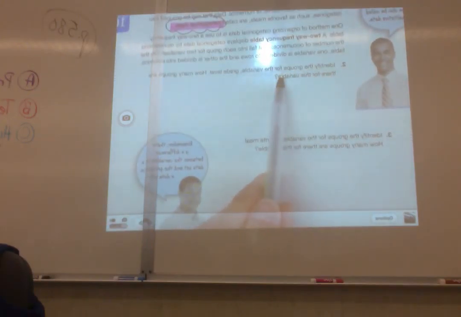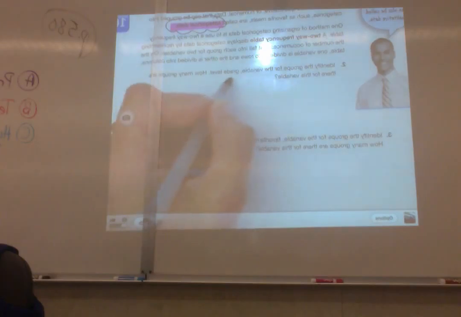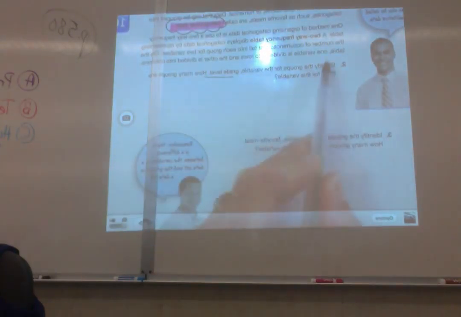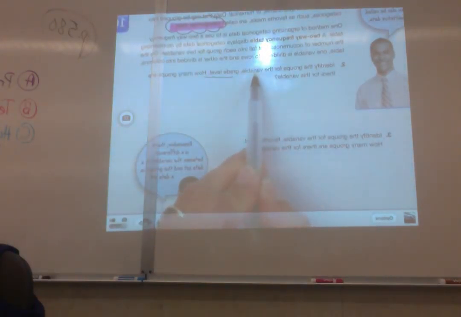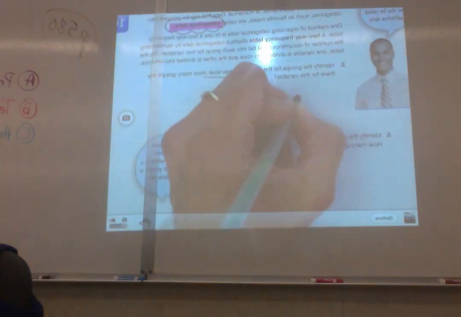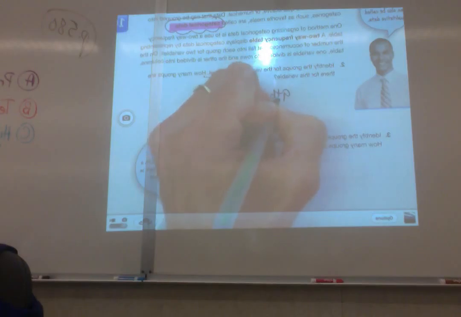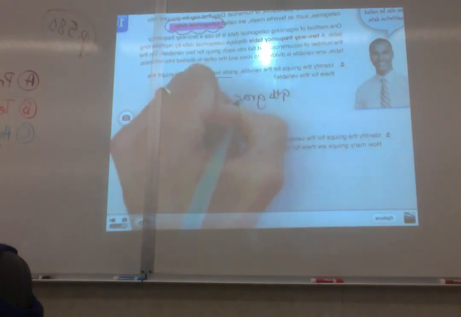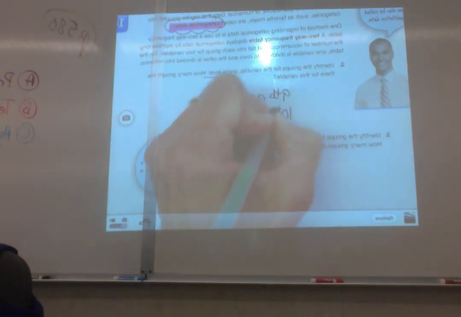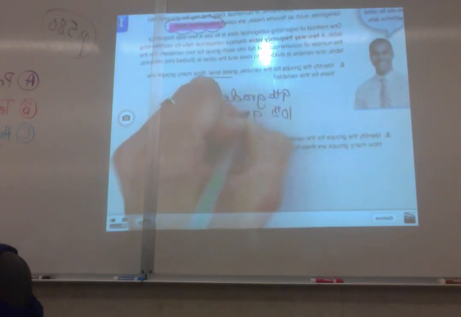Identify the groups for the variable grade level. How many groups are there? How many different grades are in there? 2 grades. So what are the groups? 9th grade, 10th grade.